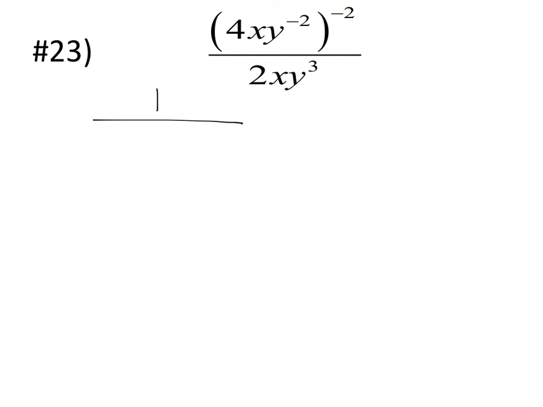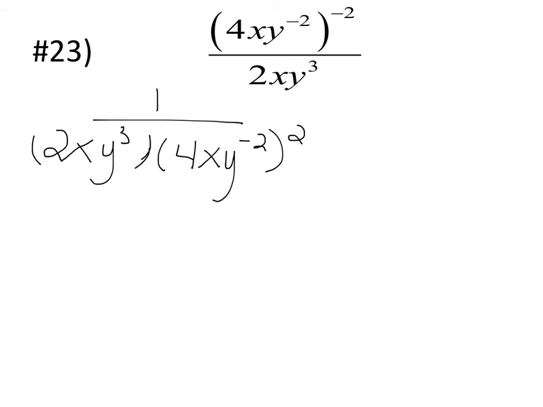So what we're going to do is we already have a 2x y cubed down there, and we're going to take 4x y to the -2 squared down there.